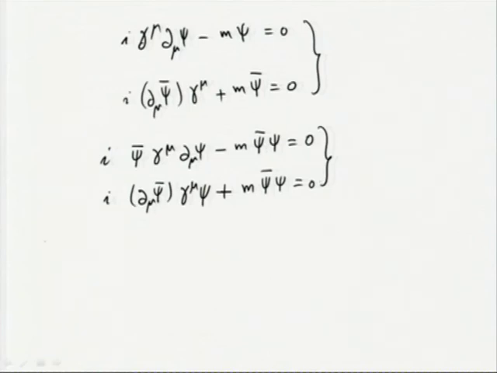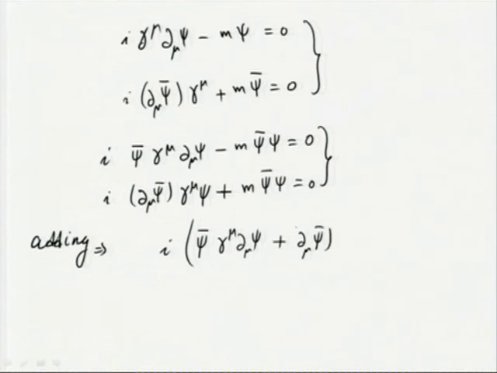Add the second set. What do we get? I is there, you have a psi bar gamma mu dou mu psi plus dou mu psi bar gamma mu psi equal to 0. M psi bar psi cancels with minus m psi bar psi.